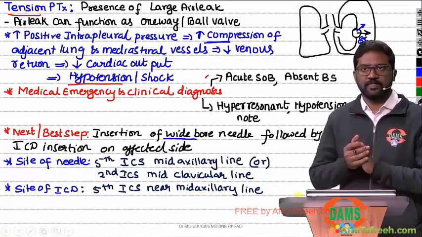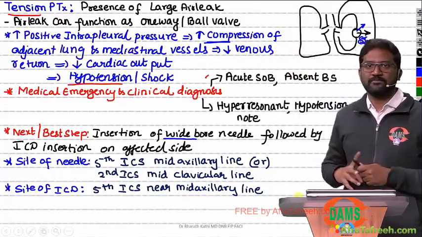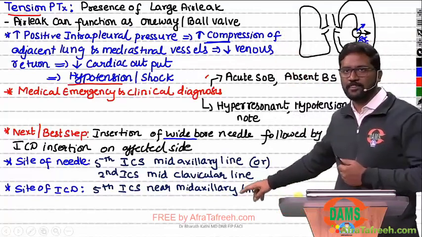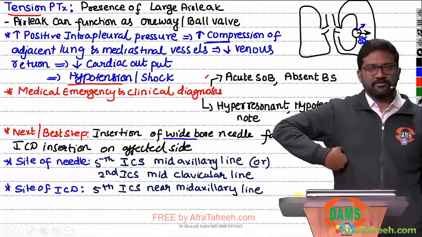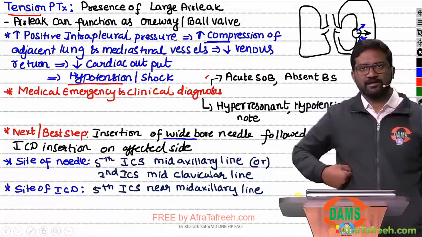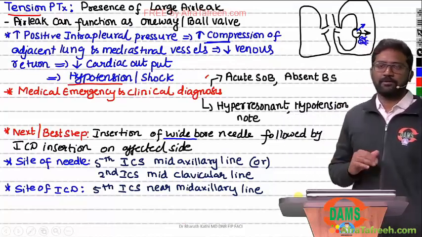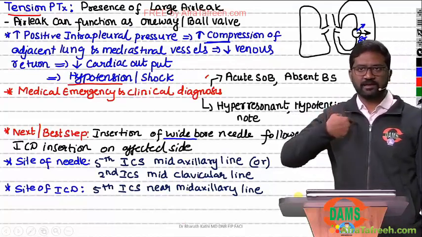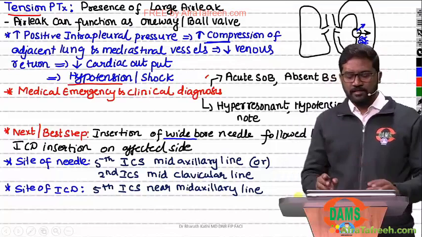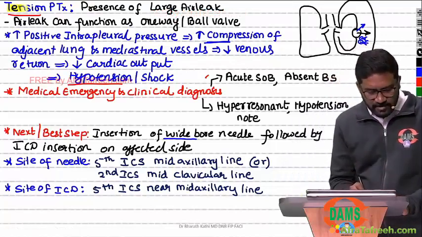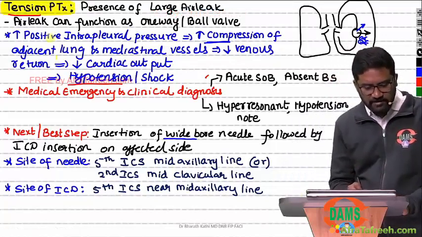These surgeons cannot remember too much, so let it be ICD or needle, now they have given a single option: 5th intercostal space, mid-axillary line. But for the needle, you can also follow the old guideline, 2nd intercostal space, mid-clavicular line. This is regarding a very important phenomenon, tension pneumothorax.